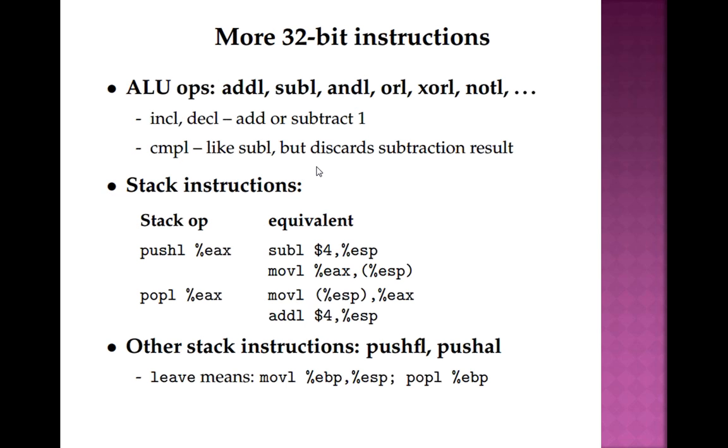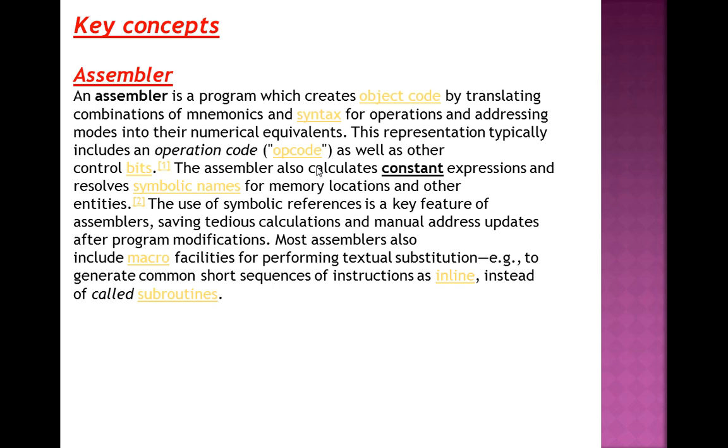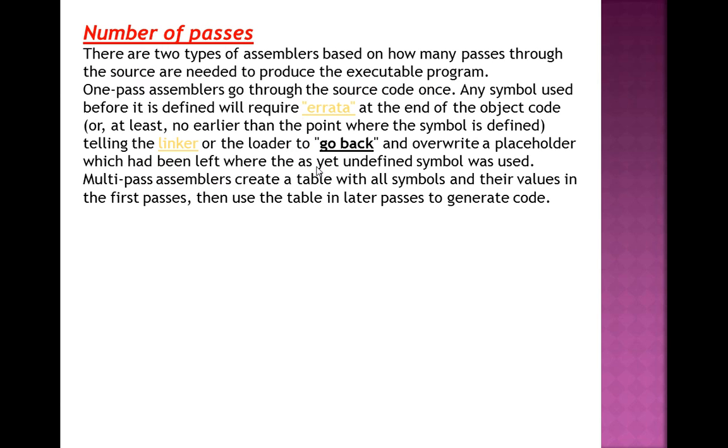There are 2 types of modes available in assembly language: one is real mode, another is protected mode. We will focus more on 32-bit instructions, that is ALU and stack instructions. We also talked about key concepts like the assembler, and the number of passes, like 1 pass assembler and 2 pass assembler.